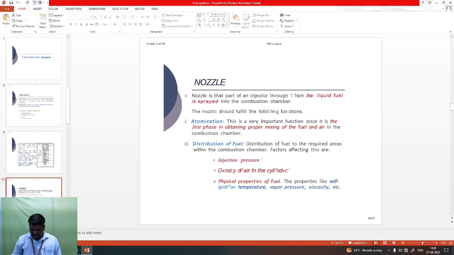Atomization is a very important function, since it is the first phase in obtaining power from the mixture of fuel and air in the combustion chamber. The second is distribution of fuel to the required areas within the combustion chamber. The factors involved are injection pressure, density in the cylinder, and the physical properties of the fuel.